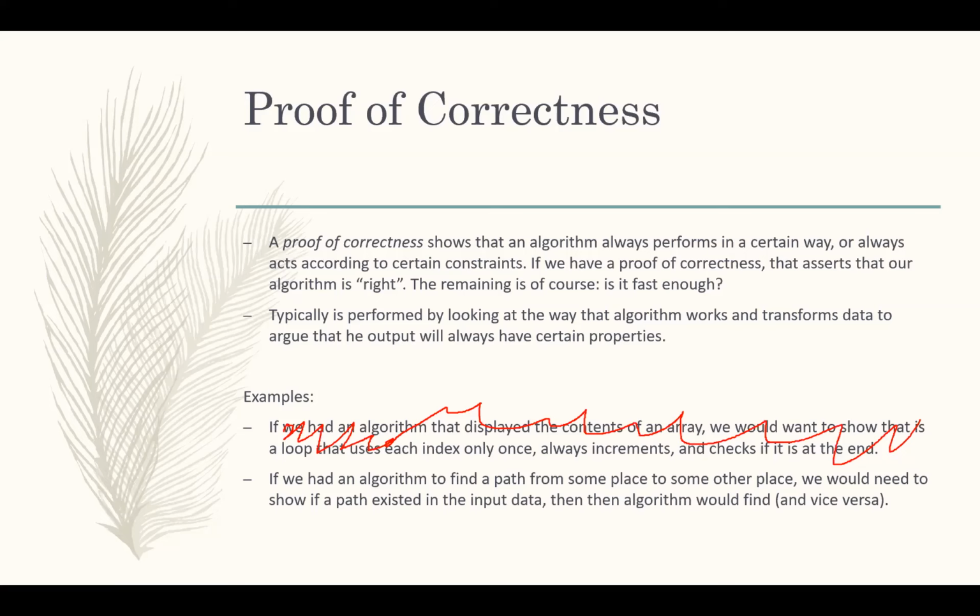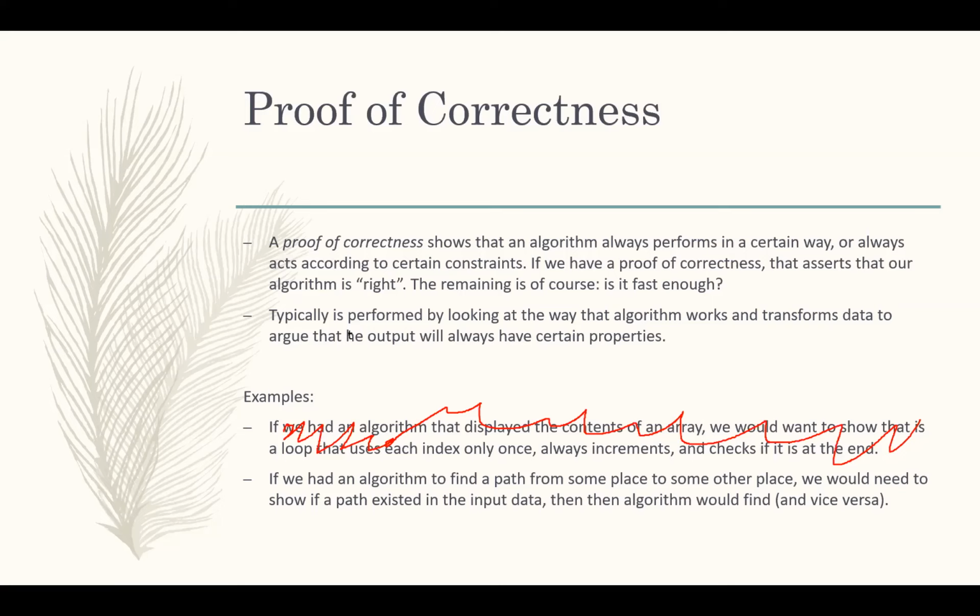The other example there is finding a path from some place to some other place, from home to school. The proof of correctness would have to argue that if a path exists in the input data, the algorithm can find it, and if there isn't any path in the input data, if there isn't a way for me to get to school, then it can't find one.